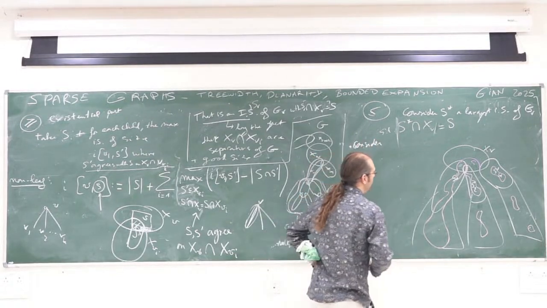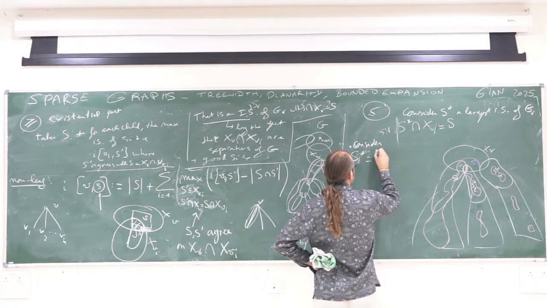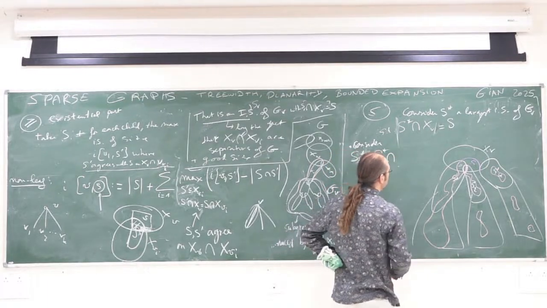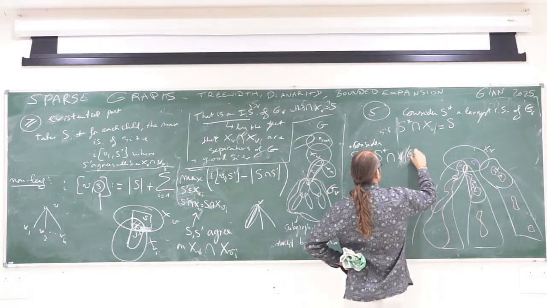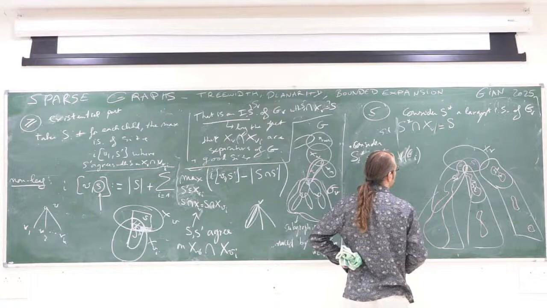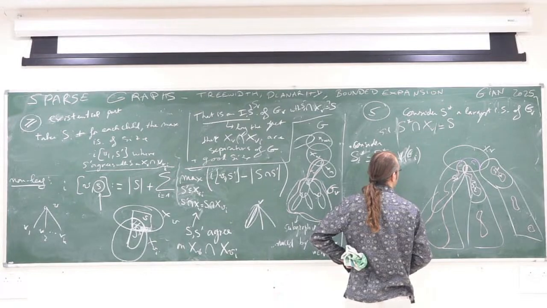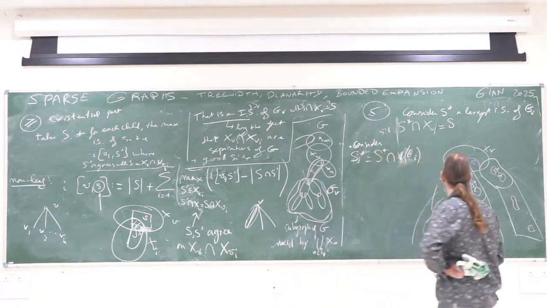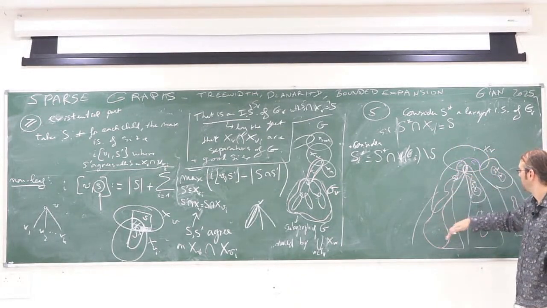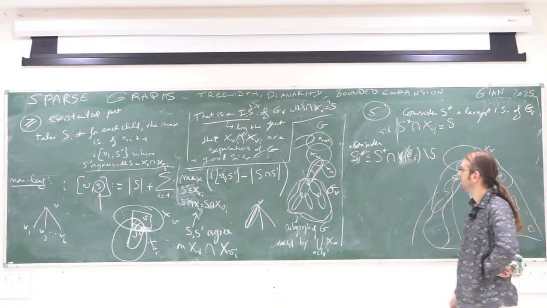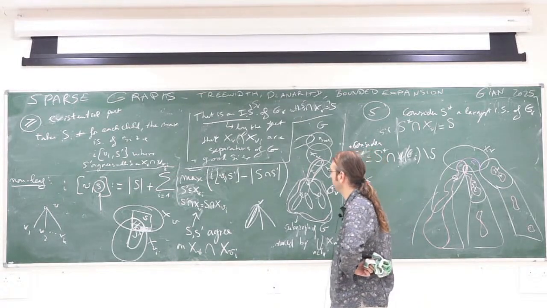Consider S_i star equals S star intersection V(G_i). So I'm considering the intersection of S star now, so I'm putting this part, and the size of S_i star is at most what?